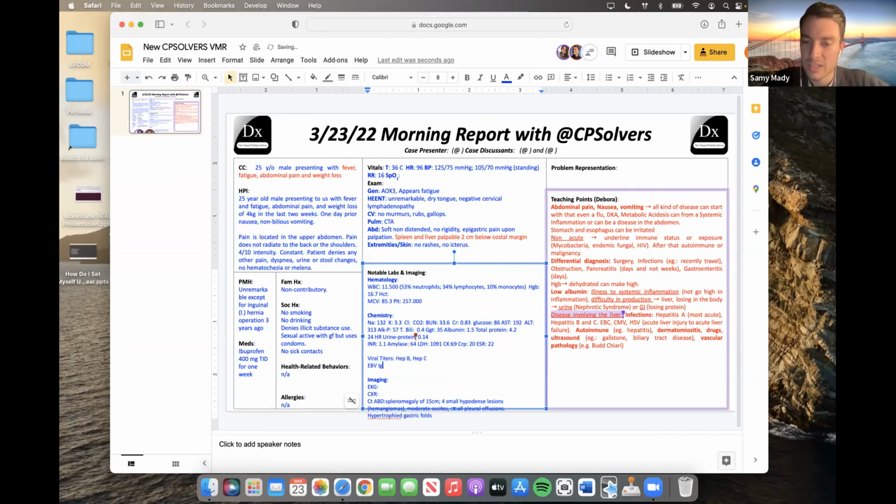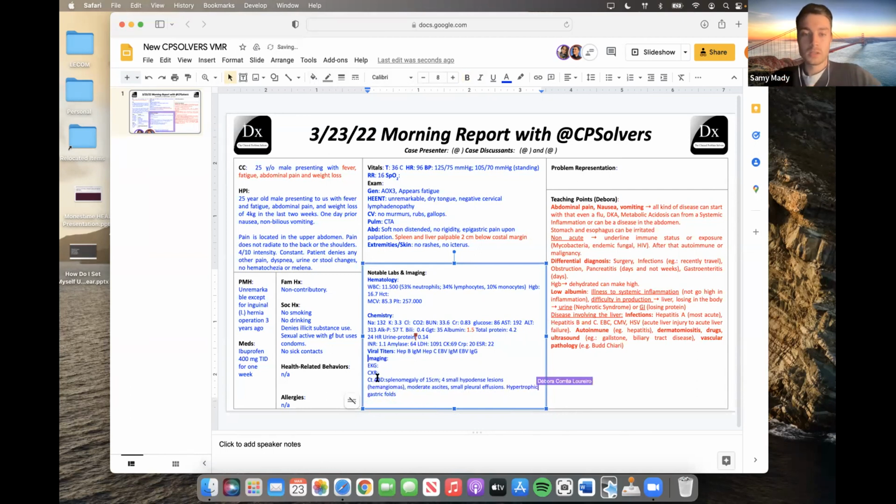Epstein-Barr virus nuclear antigen IgG was positive. CMV IgM was elevated, and CMV IgG was 6, where normal is more than 7. So IgM was positive for CMV and IgG was negative. And the other viral serologies were negative, and HIV was negative.